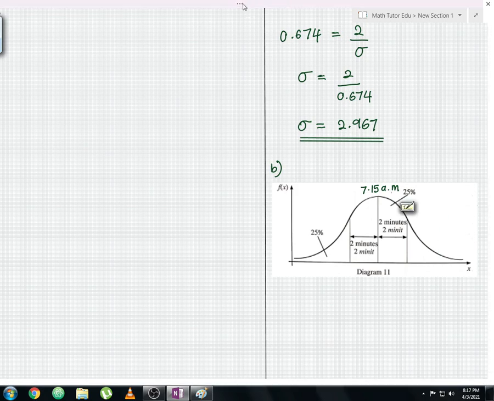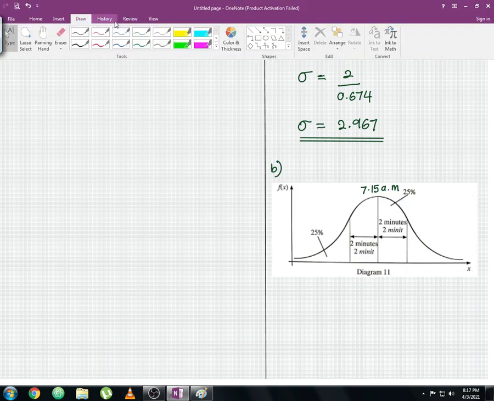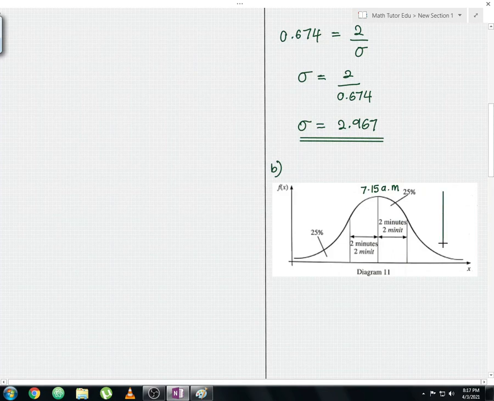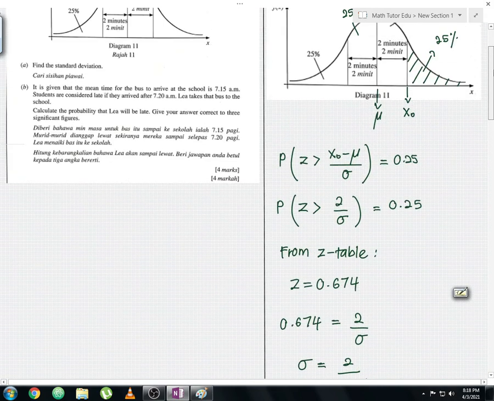So let me label it. Over here, and for this x-axis, we label it as XL. Why letter L? Since in the question, Lee is the student involved.